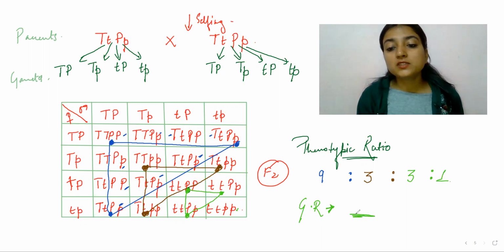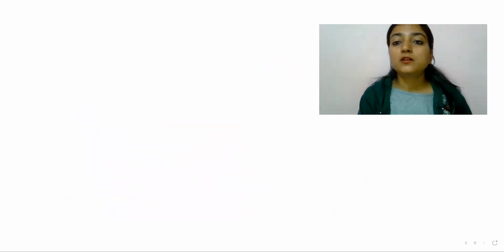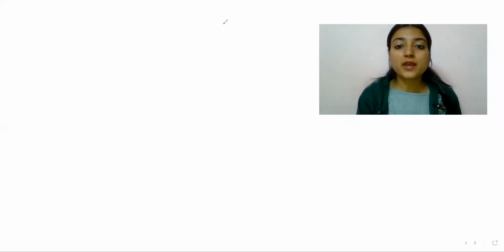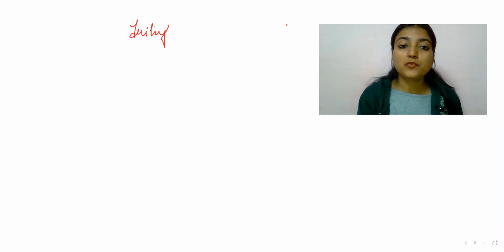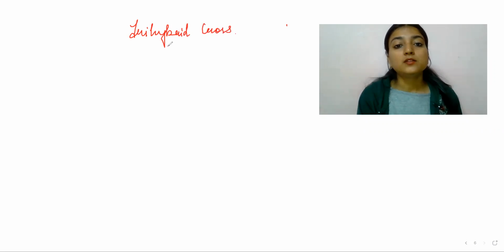So leave this space. And now let us start with the third type, that is the trihybrid cross. So we will write over here the trihybrid cross. Now here we will be taking 3 characters or traits and cross between them.